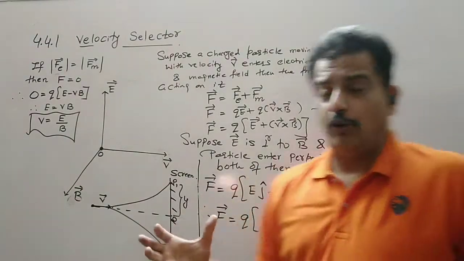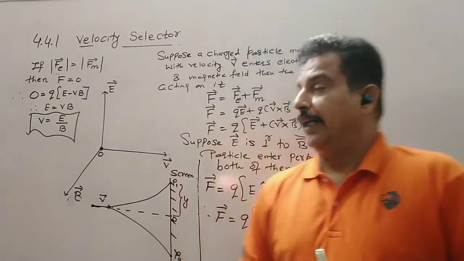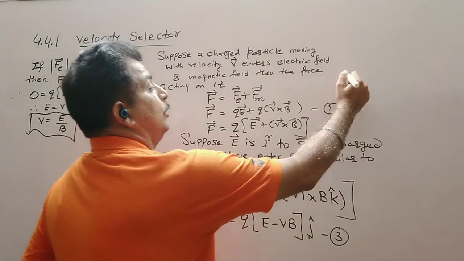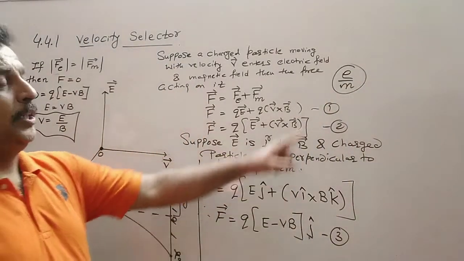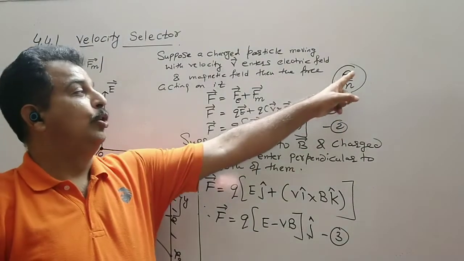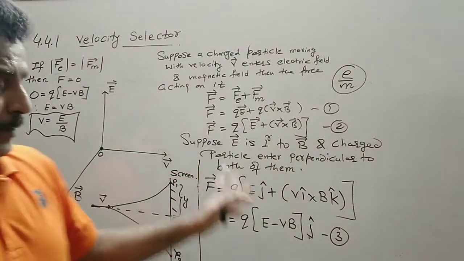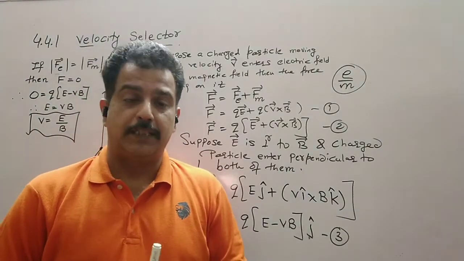Now this method was employed by J.J. Thomson to determine the ratio e by m. There are many methods to determine this ratio of charge to mass. So let us see an overview of J.J. Thomson's method.